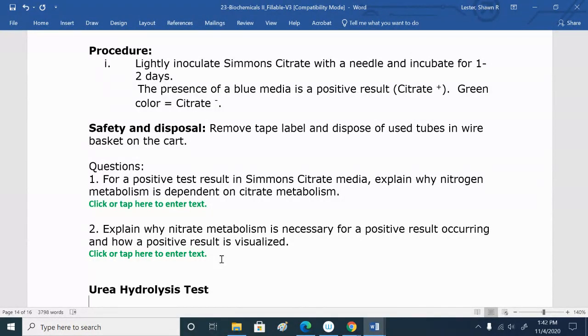So for a positive test result for the citrate agar, why is nitrogen metabolism dependent on citrate metabolism? Because of the pH levels? No, but why is nitrogen metabolism dependent on citrate metabolism?